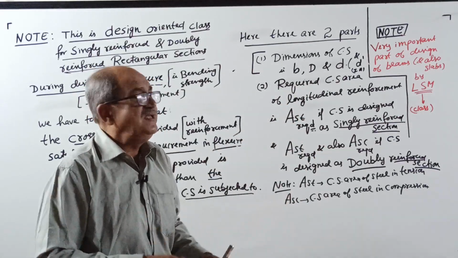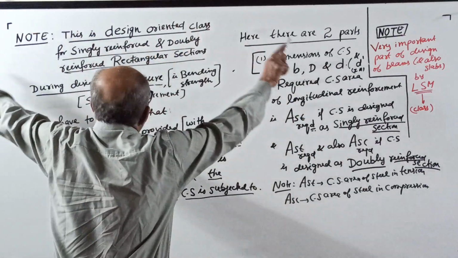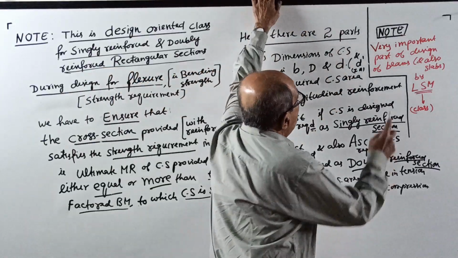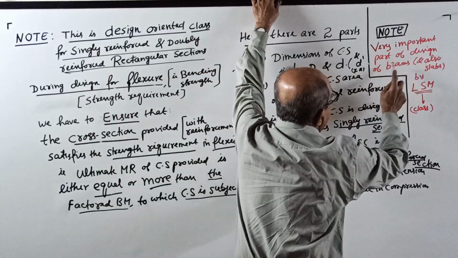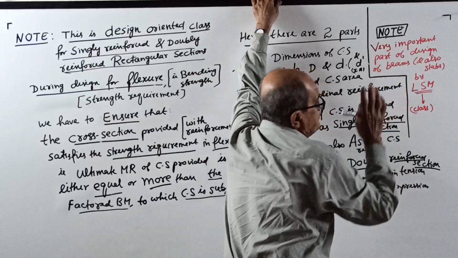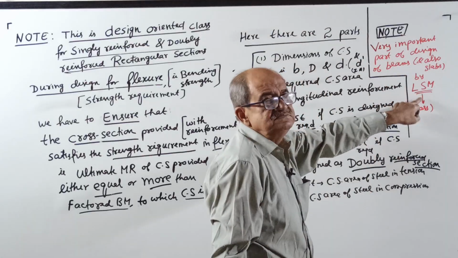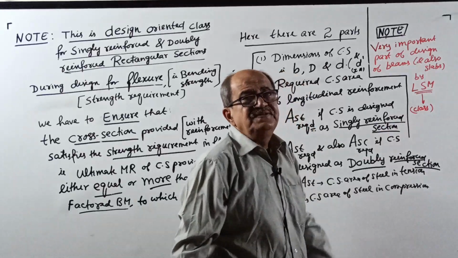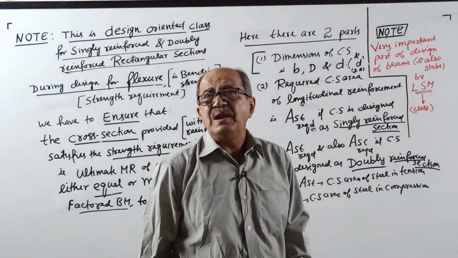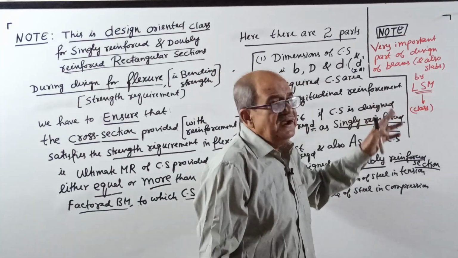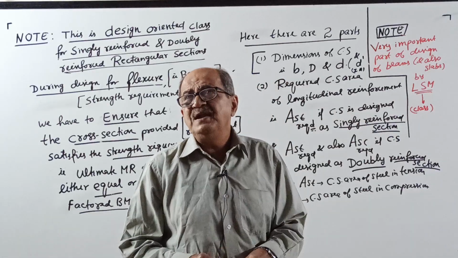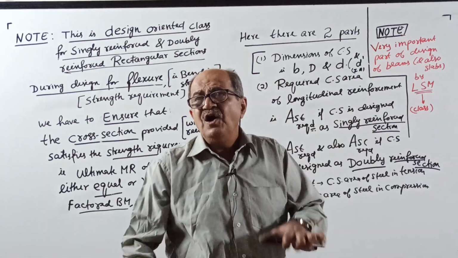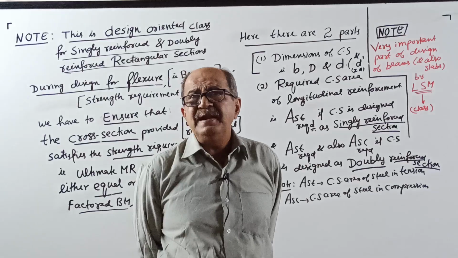Now, I forgot one thing. Before I start any of this, one note, a very important part of design of beams and also for slabs by limit state method. In class, I told all these things here. These are based on strength requirement. Our present consideration is how to find the cross-sectional area of longitudinal reinforcement required.